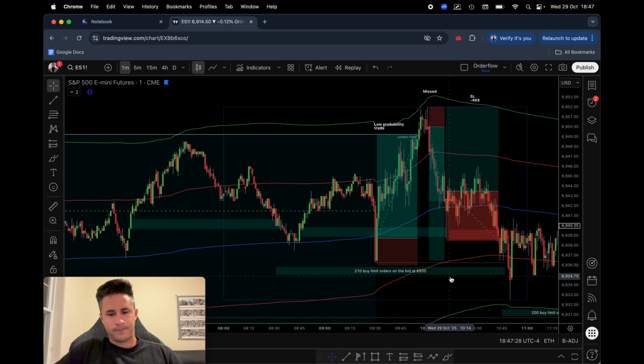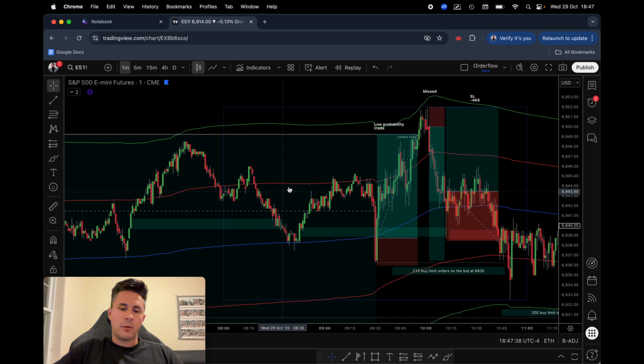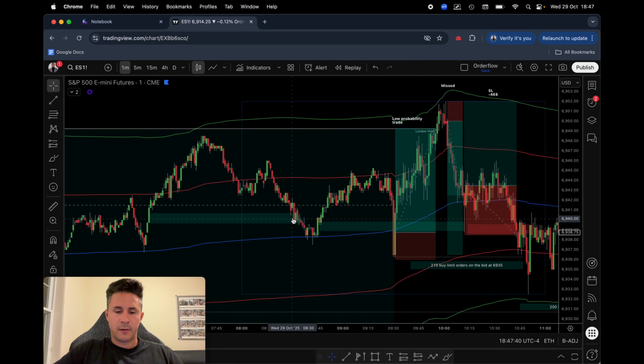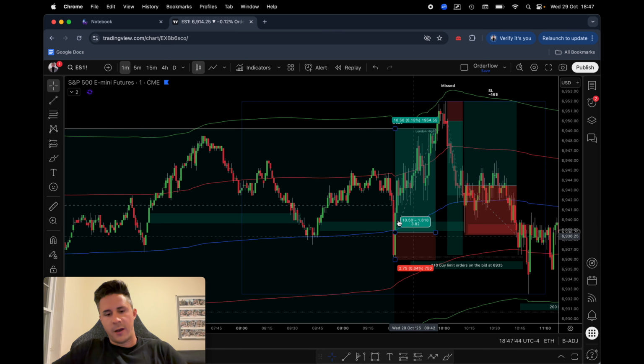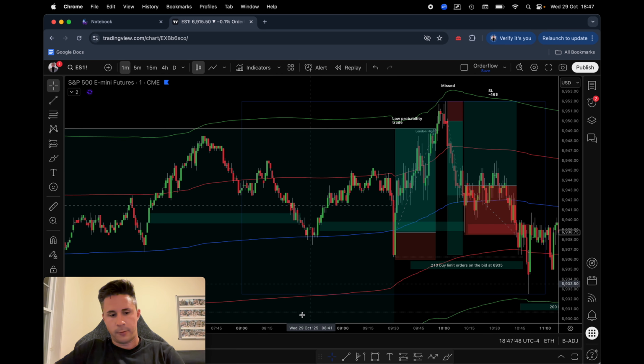But like I say, I don't know if those orders appeared after or before. And there was a trade here from the imbalance. It gave a sell, it gave a nice buy, but it eventually failed. I would have targeted this high, the one here at 8:43.